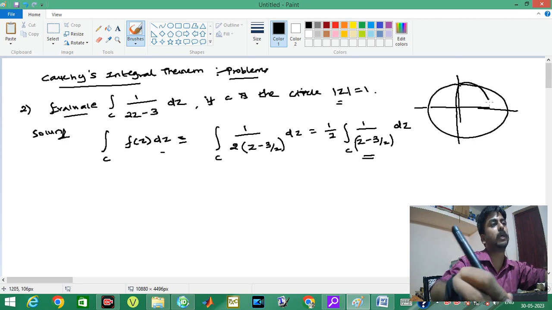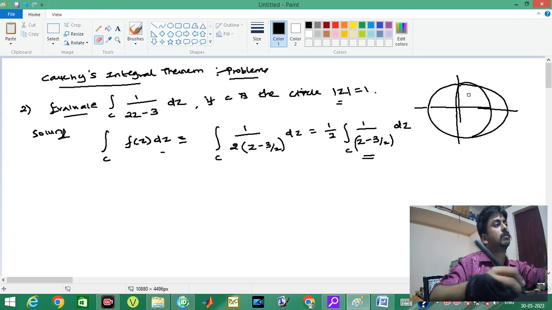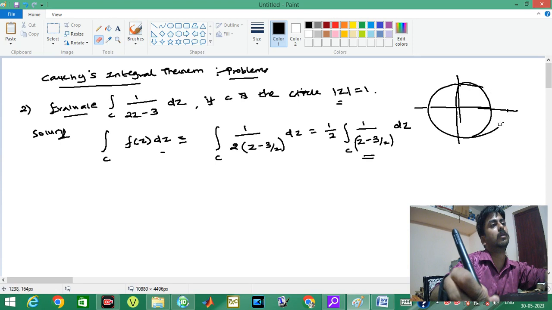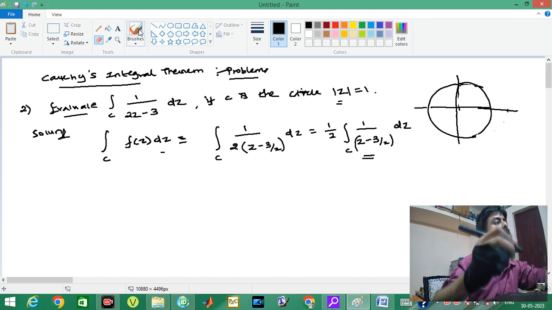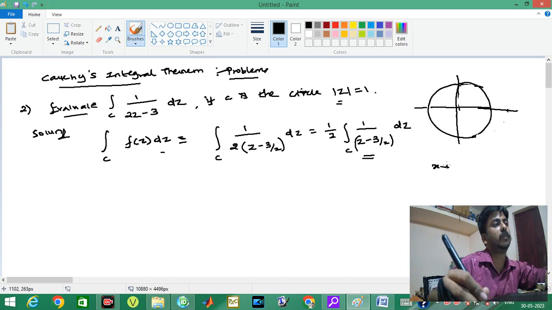How do we obtain this circle? Modulus of z equal to 1 means x minus 0 the whole square plus y minus 0 the whole square equals 1 square.